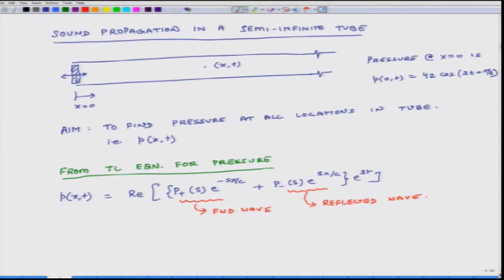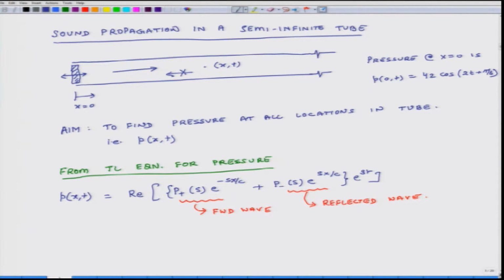Now, when we look at the physics of the problem, there is a reason why a wave could travel in the positive x direction, but there is no reason why the wave should get reflected, because the tube is infinitely long.